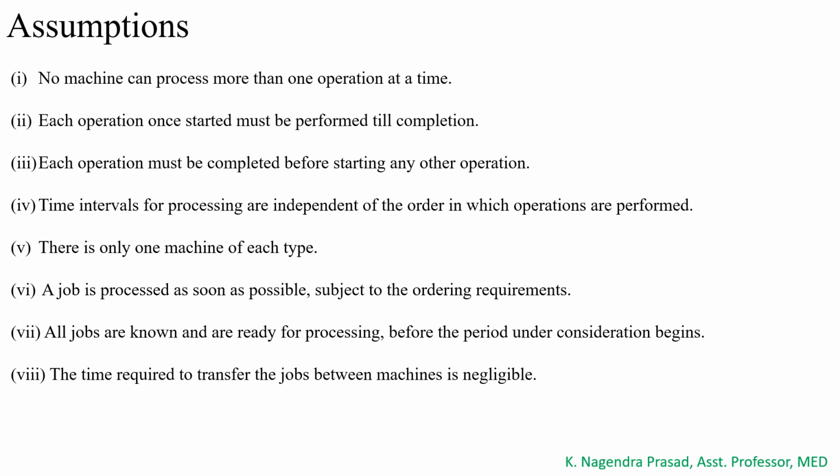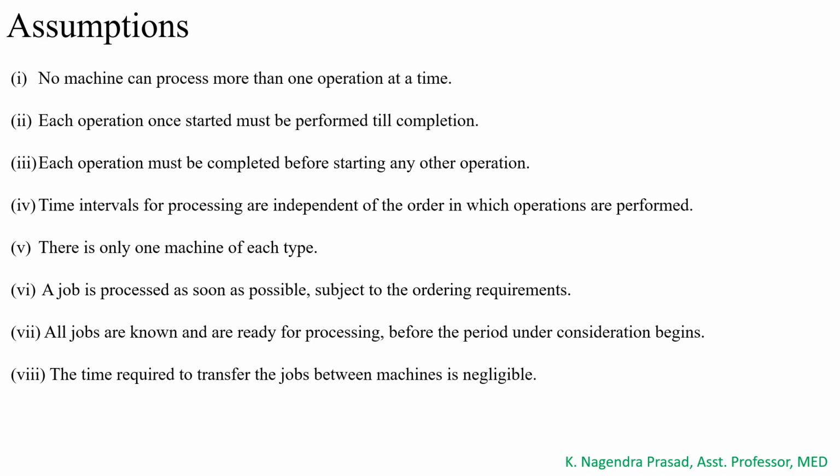Next we have to discuss some assumptions in sequencing problems. First assumption is that no machine can process more than one operation at a time. Second, each operation once started must be performed till completion. Third assumption is that each operation must be completed before starting any other operation. Fourth is that time intervals for processing are independent of the order in which operations are performed.